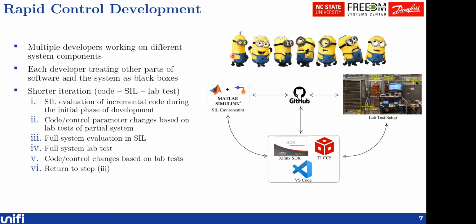So let's say we have many students working on different parts of the system. When each student goes to the lab and writes some code, that part is tested independently. And when that is done, that is pushed to Git. And then everyone is doing their own thing. When all of that is completed, then in the SIL environment, we pull all the different software from Git and run it in the simulation environment.